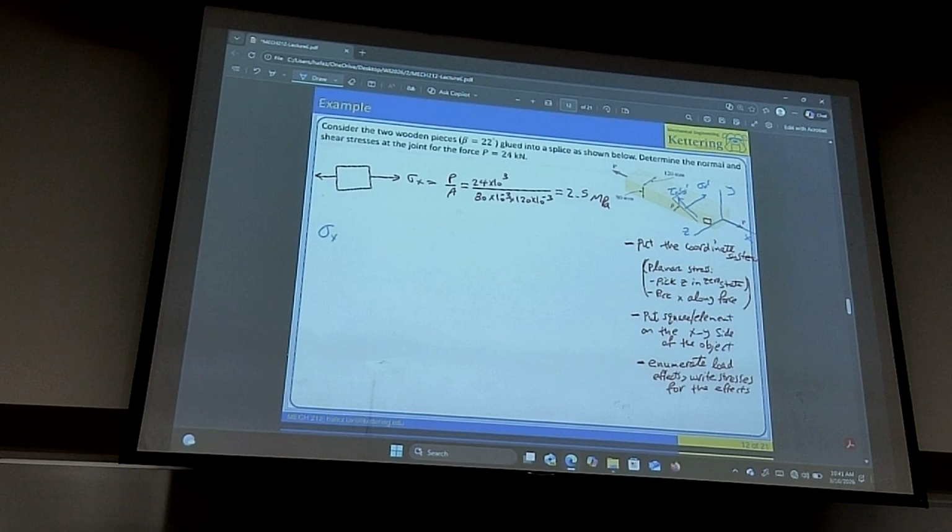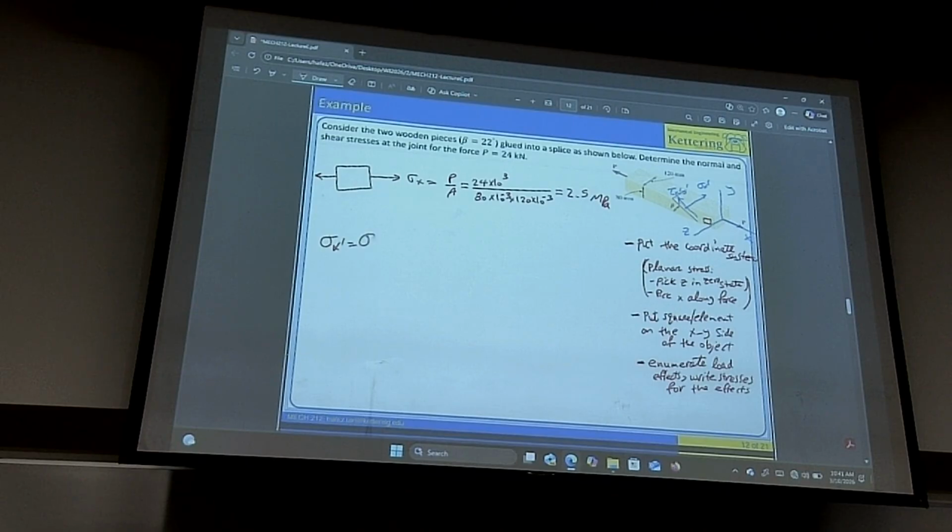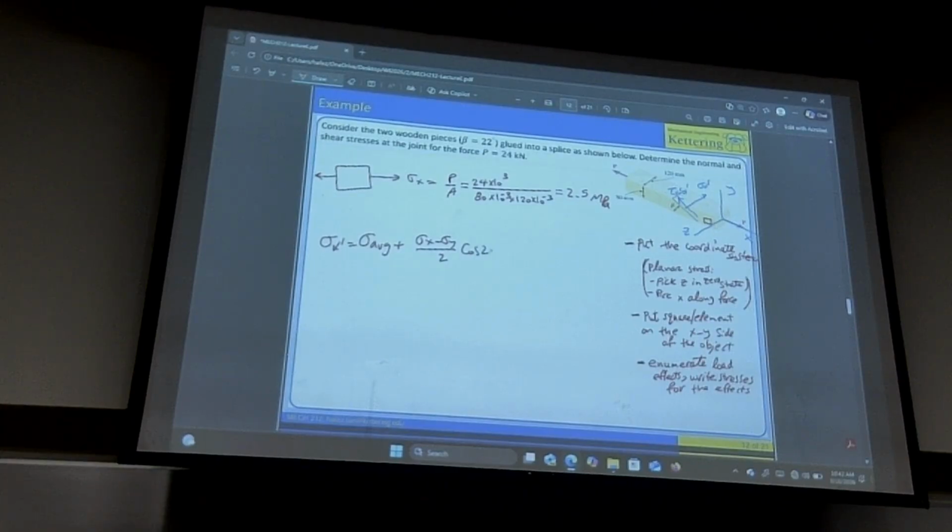So sigma x prime. Here we found sigma x equals 2.5. Tau xy was 0 on the x plane, sigma y equals 0, tau yx is negative of tau xy, also 0. Really only one non-zero value here.